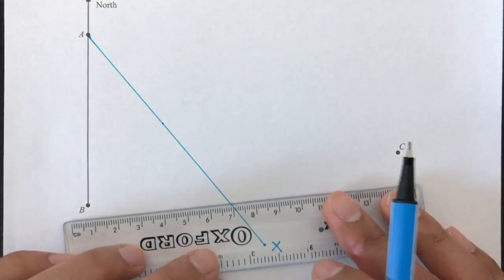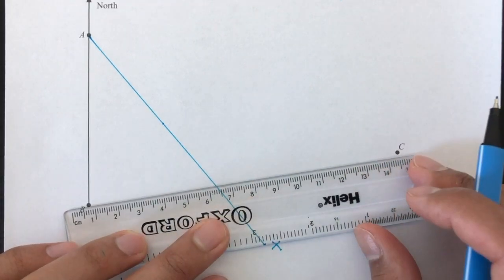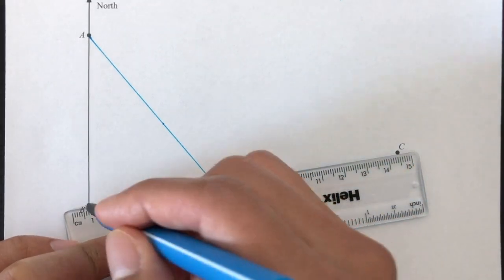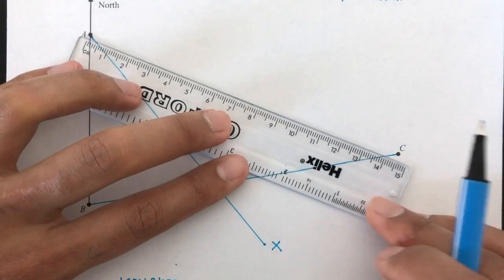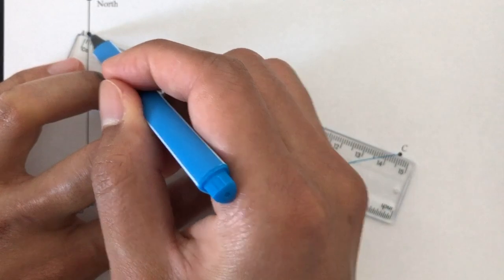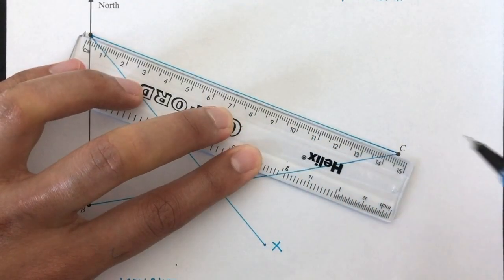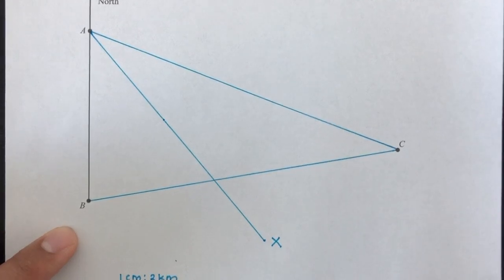Let's connect A, B, and C. That's B to C, and that's A to C. So we have A, B, C as a triangle, and this is our point X.